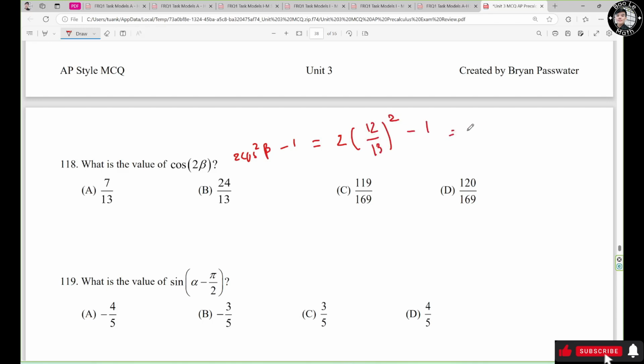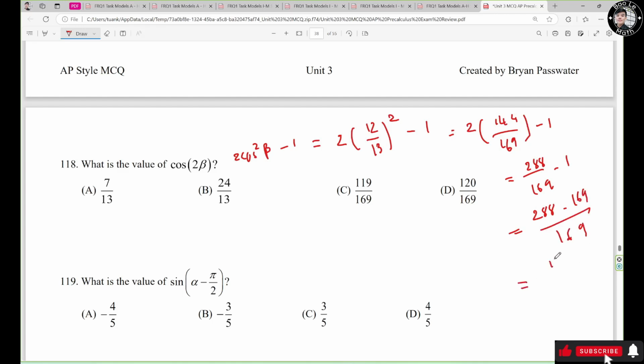So it can be 2 times 144 over 169 minus 1, so it could be 288 over 169 minus 1. So it could be 288 minus 169 over 169, so it could be 119 over 169. The answer must be C.